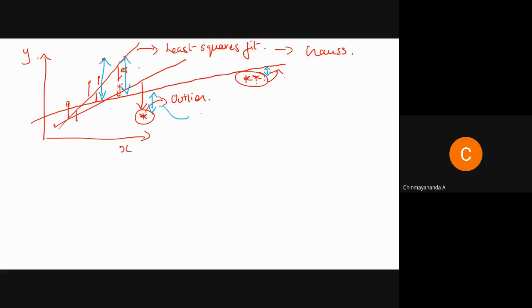This is called a residual, the error between the fitted line and the data point. Just by looking at these residuals, you cannot make out which is the outlier, because the residual for this first outlier and the second outlier are very less. On the other hand, the residual for the other points are high. So you cannot make out which is the outlier. This is the problem with linear least squares fit.